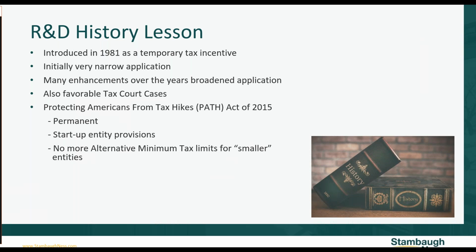Well, that went away beginning 1/1/16, and the definition of smaller, I think, is pretty broad here. Small, in this context, means a firm that generates $50 million or less in gross receipts a year.